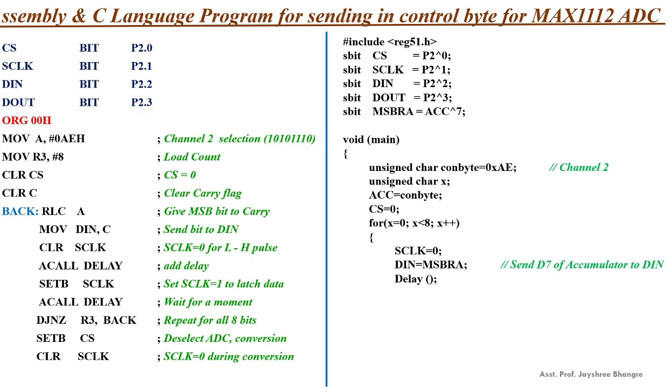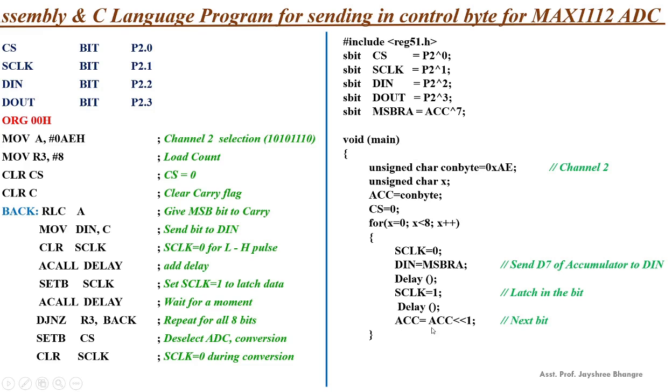Again we have called a delay, and again we have given the clock, that is SCLK equal to 1. So this will latch the bit into the ADC. Again, wait for some time and rotate the accumulator to the left for the next bit. So here we can send the next bit to the DIN pin.